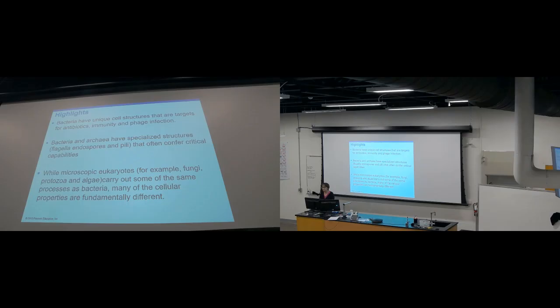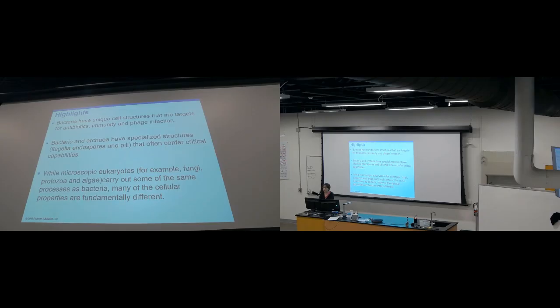And they can also be subject to immunity and phage infection. Phage is a type of virus that can infect these prokaryotic cells. And then bacteria and archaea have specialized structures like flagella, endospores, and pili.